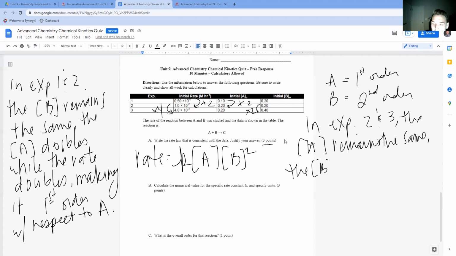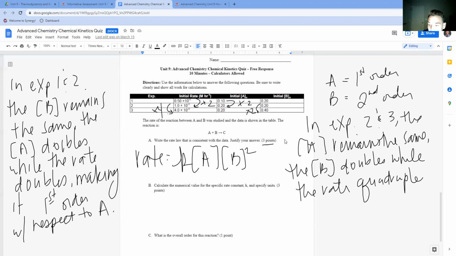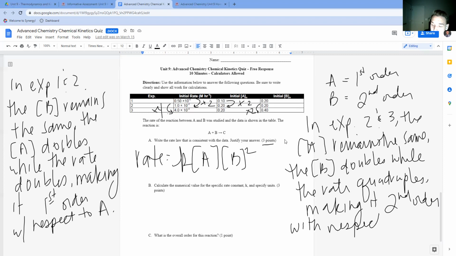The concentration of B doubles while the rate quadruples, making it second order with respect to B. So those are my justifications, my explanations, and that is my rate law.